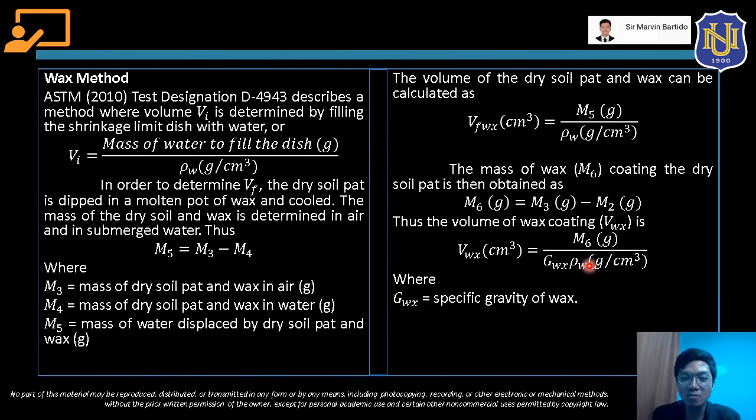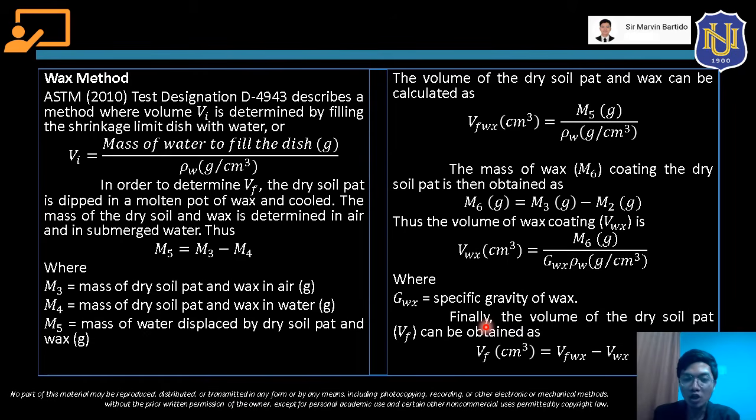So, from here, class, pwede nating malaman yung V sub F. So, ito yung volume ng water na na-displace ng dry soil pat, wherein yun ay equal din sa volume ng dry soil pat. No? So, ito, class, ay equal sa volume ng dry soil pat and wax minus volume ng wax. Ayan, class, yung magiging V sub F natin. So that's how we determine V sub I and V sub F using wax method.